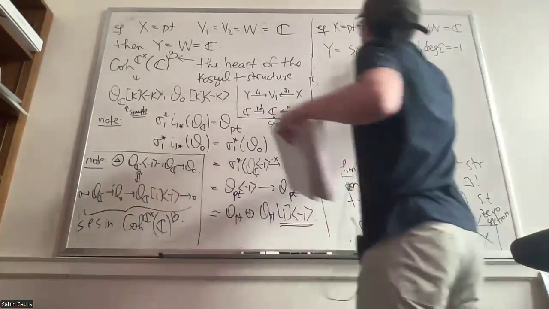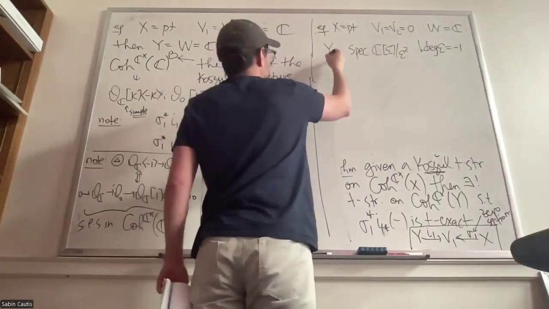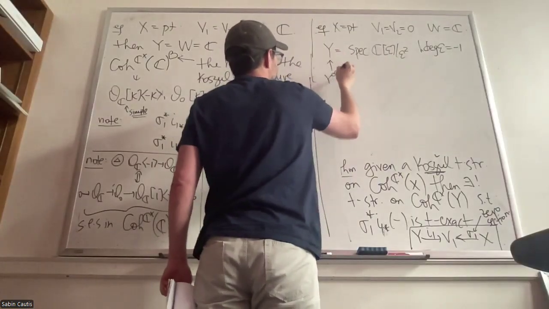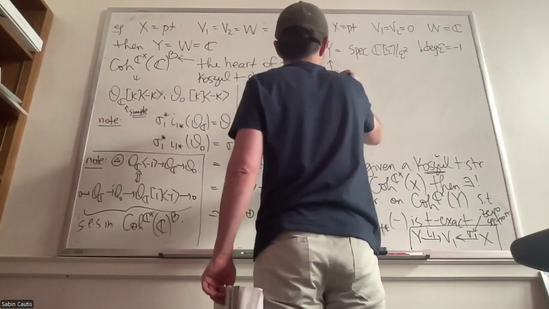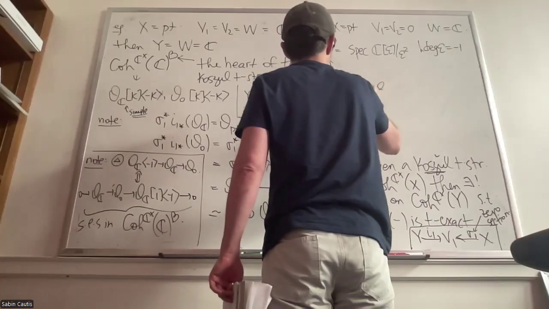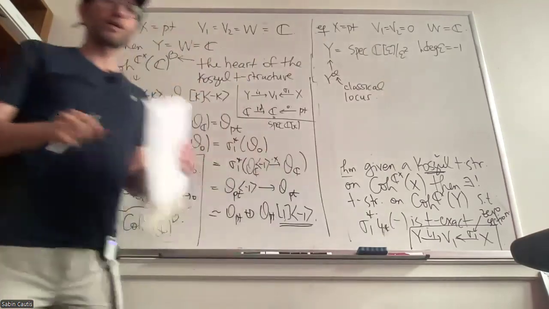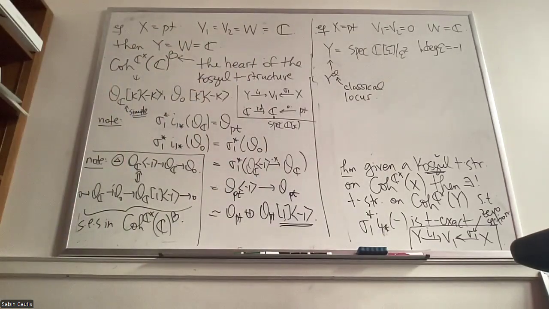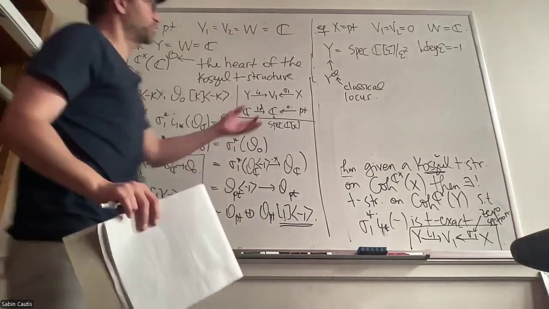And whenever you have a derived scheme, you can always look at the classical locus. CL stands for classical, and it's a subscheme. This is completely analogous to how if you have a non-reduced scheme, you can look at the reduced subscheme.